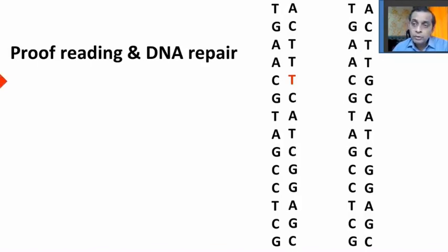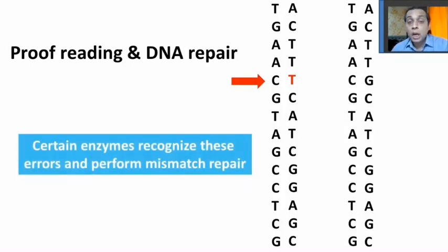Now, during that process, did you notice there is one error made by the enzyme? Opposite to the cytosine nucleotide, they have attached the thymine nucleotide, which is an error. Now, what should happen? There is an enzyme which is able to recognize the errors and make corrections.